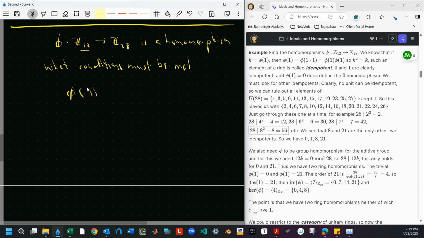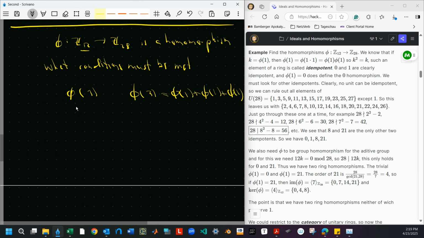So once I know where phi of 1 goes, I know where everything else goes, because phi of 3, right, will be phi of 1 plus phi of 1 plus phi of 1, right? There's no options. Once you know where that goes, it's like we had in vector spaces. Once we knew where the basis goes, we know where everything else goes. Once we know where generators go, we know where everything else goes, right?